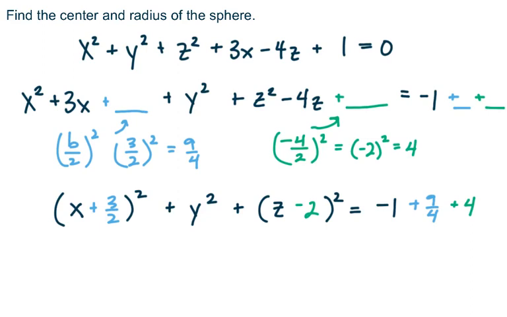Simplifying the right side of the equation, this value is 21 over 4, so I'm just going to erase that and write 21/4 in there.